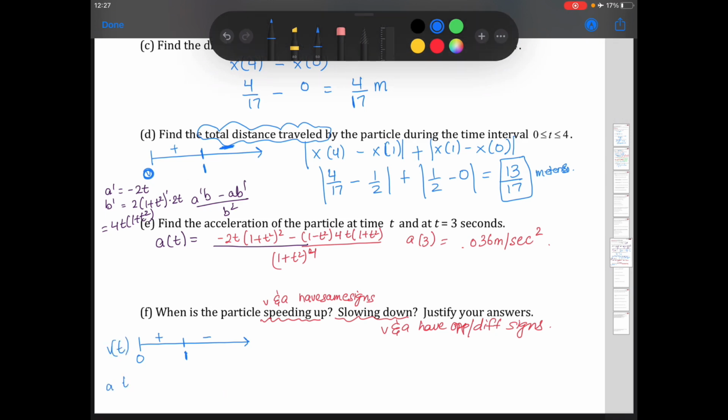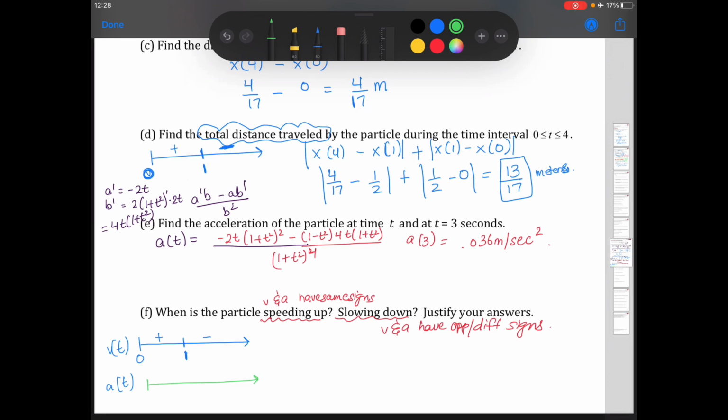I'm going to draw the acceleration number line right underneath. I'm going to change colors so that it's easier for us to compare the two. So always try to do that. If you're comparing them, finding out the speed, try to put them underneath. It's easier to compare. Okay, so now I already have my acceleration equation.